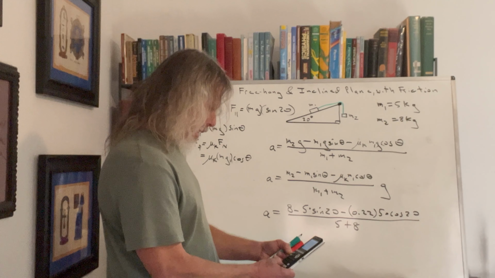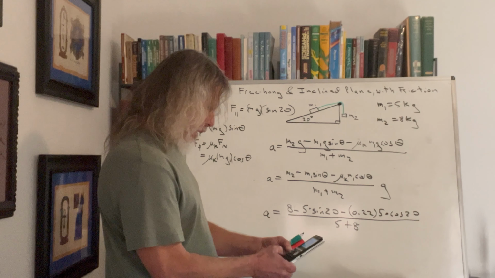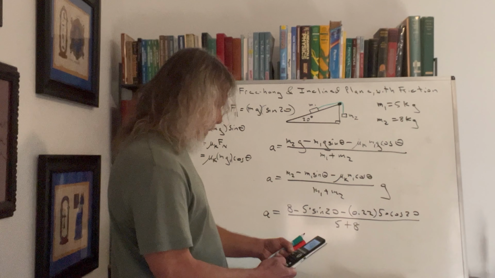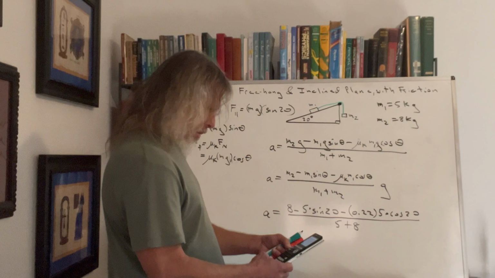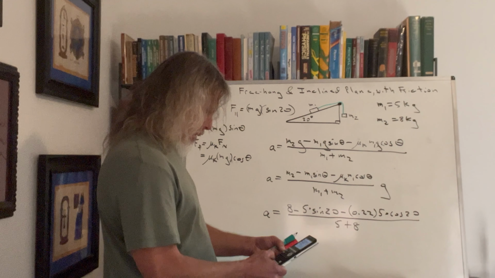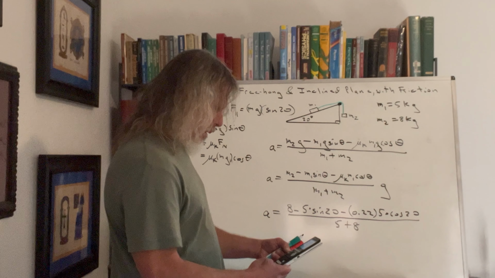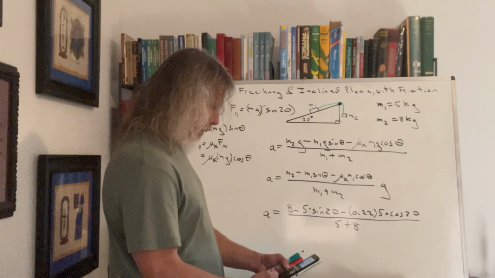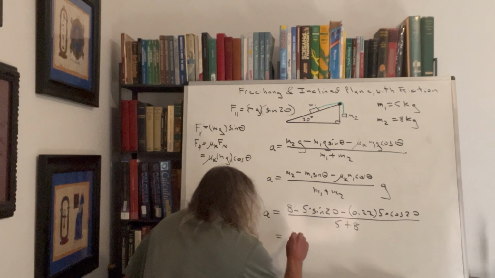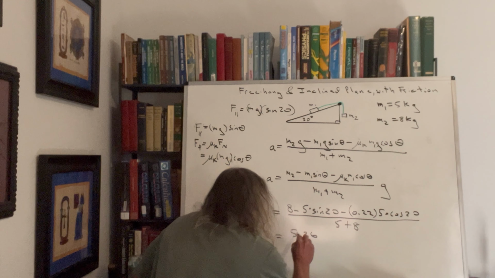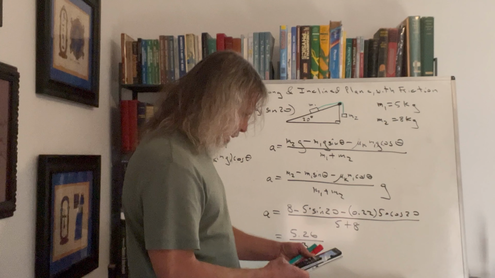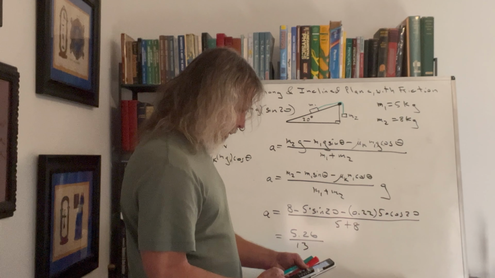Start over. 8 minus 5 sine 20, close parenthesis, minus 0.22 times 5 times cosine 20, close parenthesis. So 5.26 on top. And I had a typo, over 13, divided by 13, about 0.404.